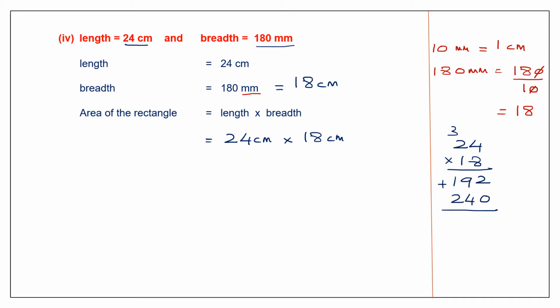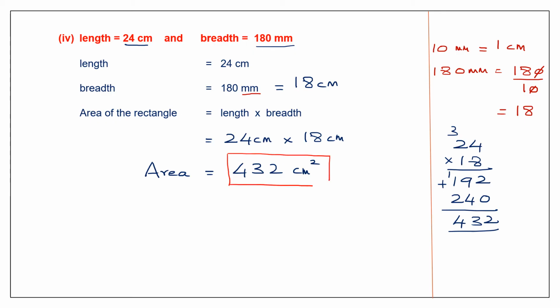Let's add this. 2, 9 plus 4 is 13, carry 1. 1 plus 1 is 2, 2 plus 2 is 4, 432. So when we multiply, we get 432, and since this is the area, our unit will be centimeter square. So we have found the area of this rectangle to be 432 centimeter square.